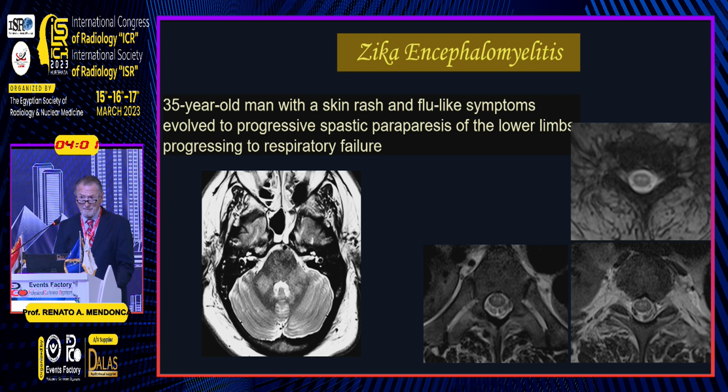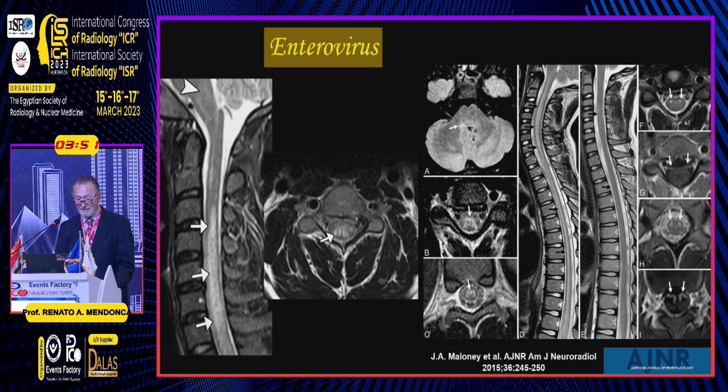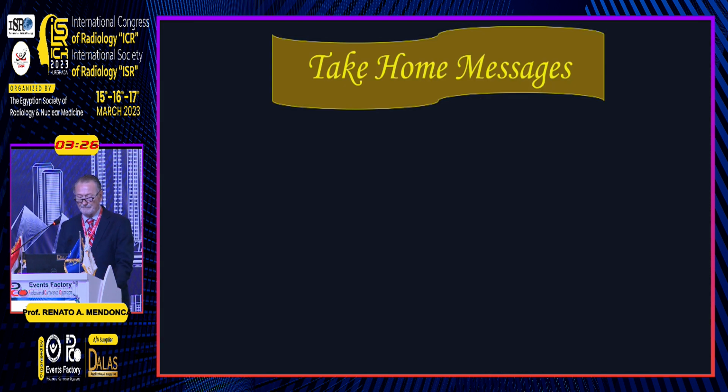So we had an epidemic of Zika virus in South America 2 years ago, and this kind of finding. The most typical involvement of the anterior part of the spinal cord is the enterovirus. So we can have some specificity. Although in the acute phase, the involvement is diffuse of the whole cord, with the evolution, it localizes in the anterior part.